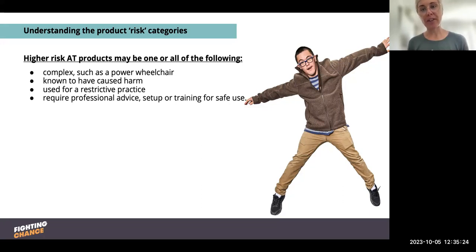It might be used for a restrictive practice, so things like restraints, which don't actually cost very much money, but they are higher risk. Or they require professional advice, setup, or training for safe use.